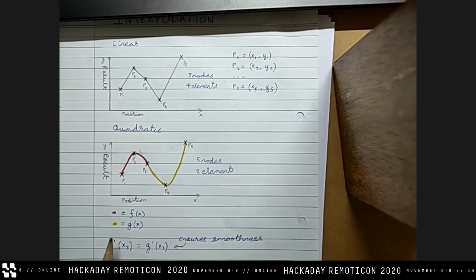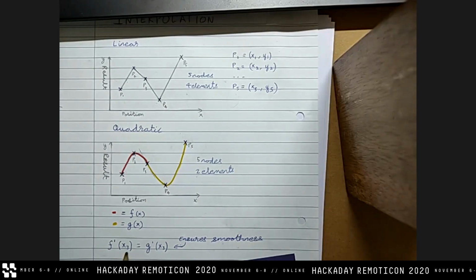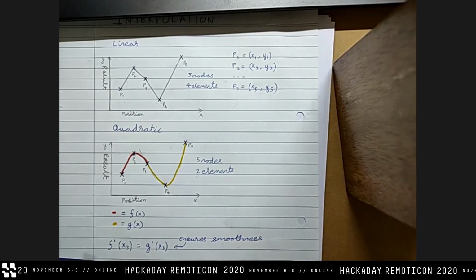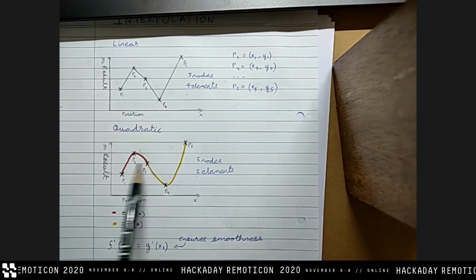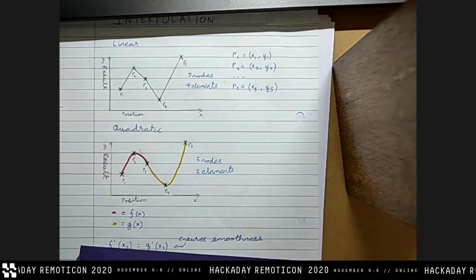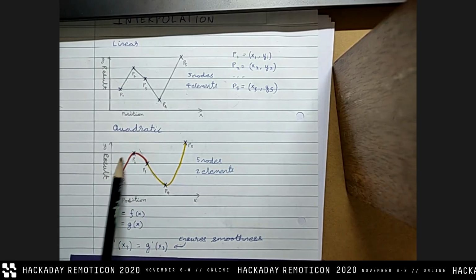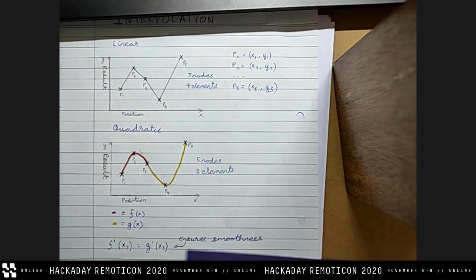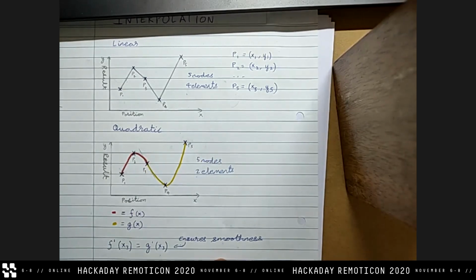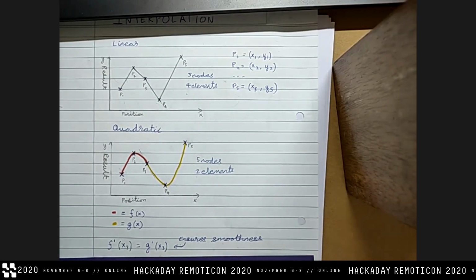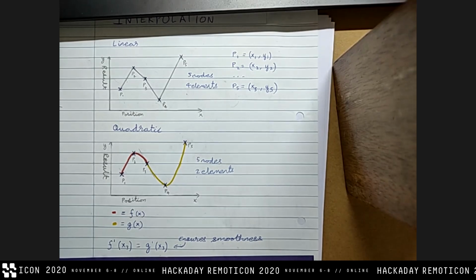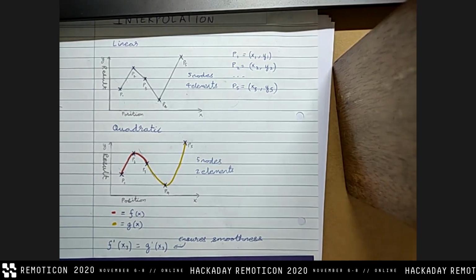You need to make sure that the derivatives at point x3 are the same. Over here, this would be your x3, y3. Making sure the derivatives are the same ensures that these are smooth. So that's your interpolation and how it's able to get smooth results. And that's it for the theory behind it.